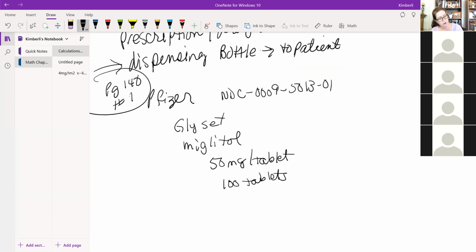And then when you go to your post-test, it's going to be very similar to all of that, okay? At the very end of the post-test on page 148, there's some review of all of this. One of the things that it says on page 148 is the generic name for the medication should be written in lowercase letters.